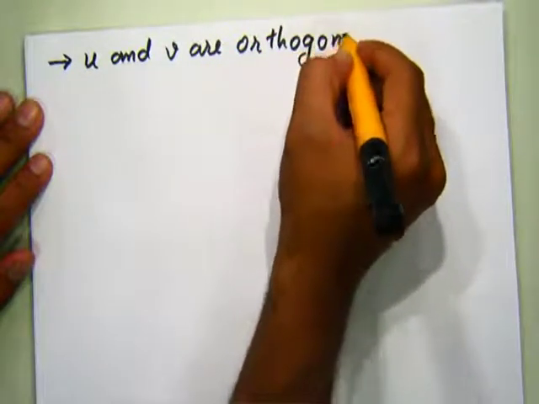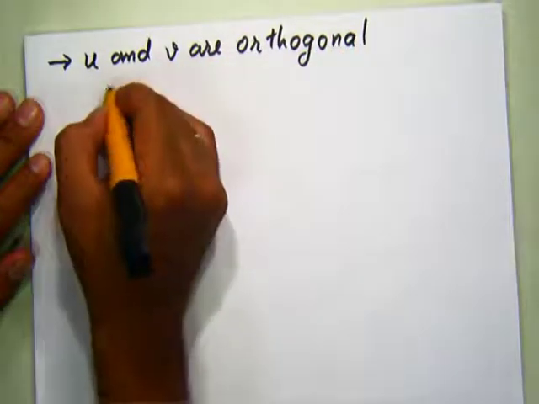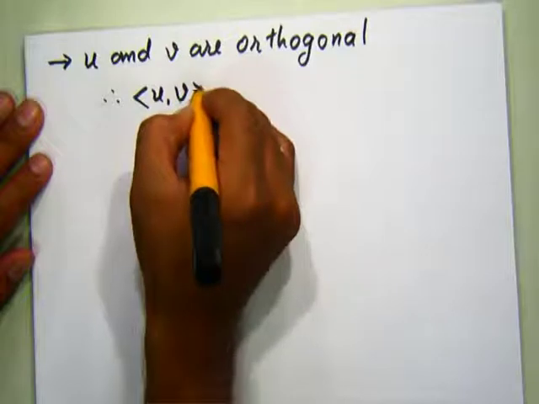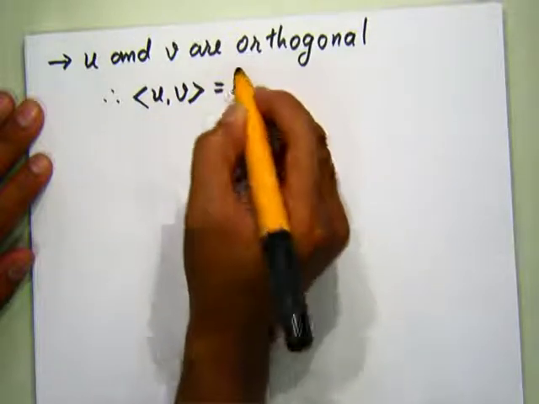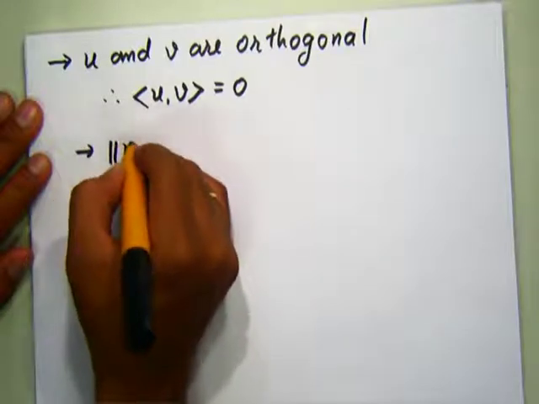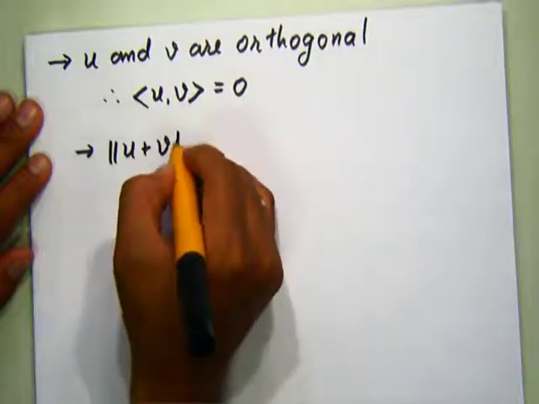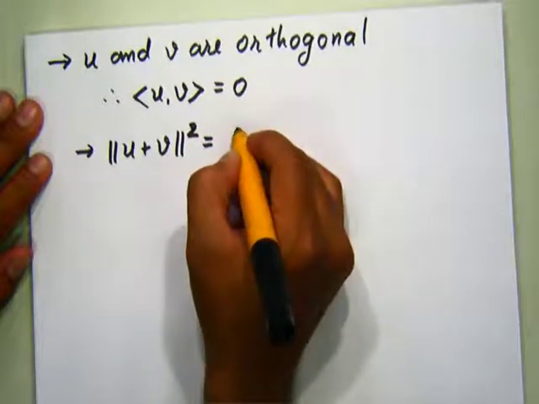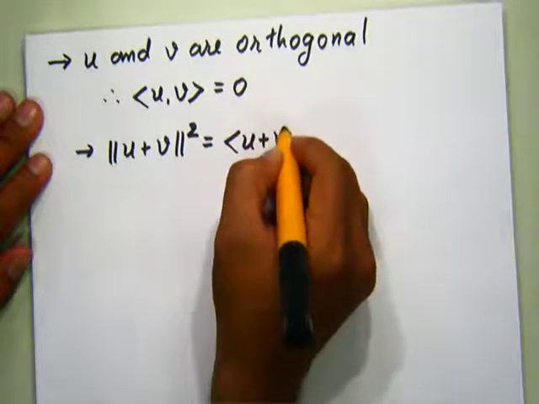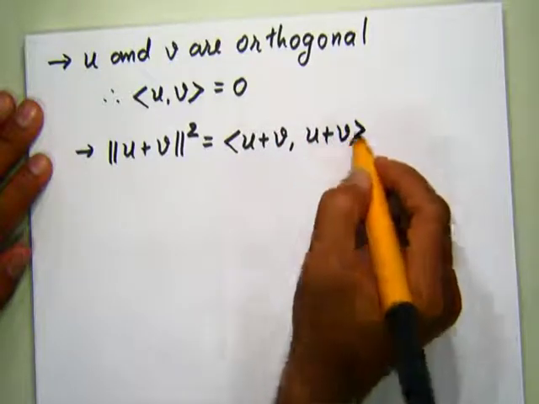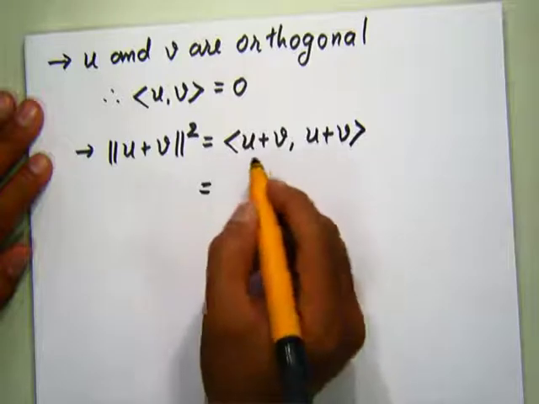As we know, when two vectors are orthogonal, we can immediately write inner product of U, V is equal to 0. Now start with this: norm of U plus V all square is equal to inner product of U plus V with U plus V. By definition of norm, we can write this.